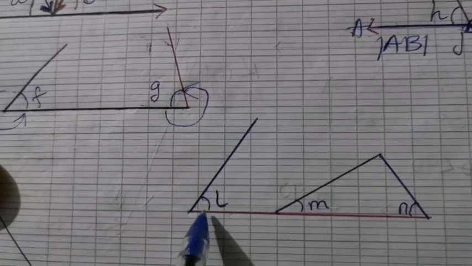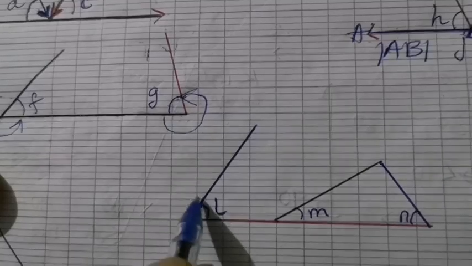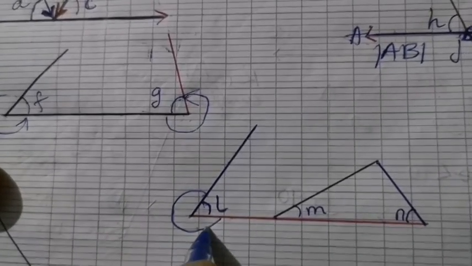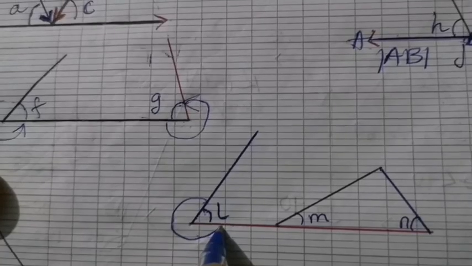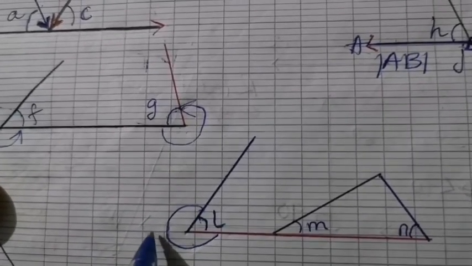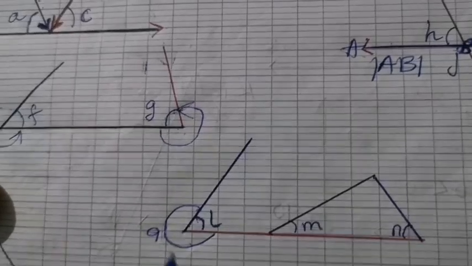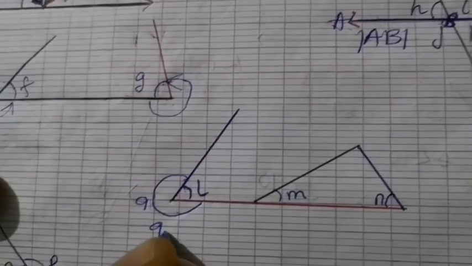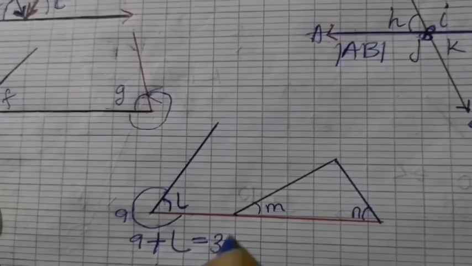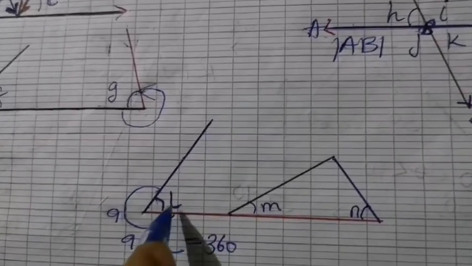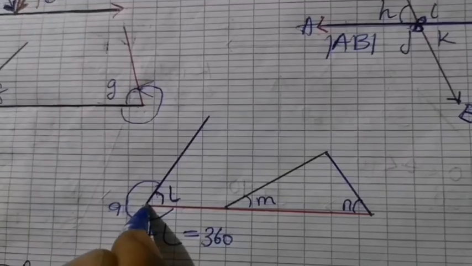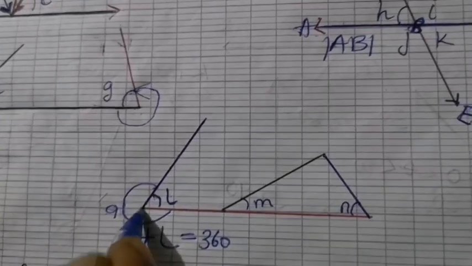So the angle here plus the angle here will give you 360 degrees. If we have an angle here, maybe this angle is A, we can now say that A plus L is equal to 360 degrees, because two of them form angle at a point, at this point.